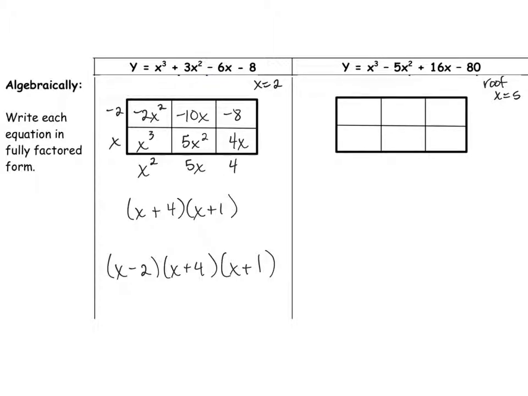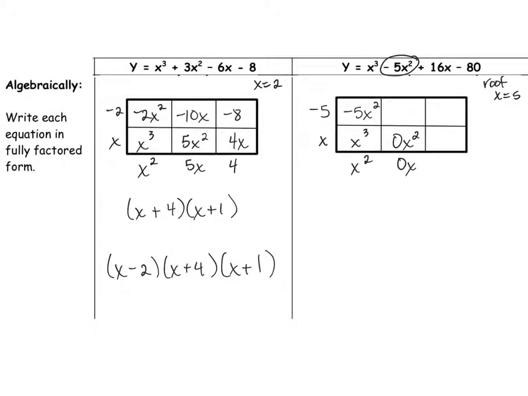This one, if I have a root at x equals 5, this is going to be x minus 5. So this is x squared. Nope, just kidding. It's x to the third. So this is x squared. So negative 5x squared. If I already have a negative 5x squared here, this is going to be 0x squared because I don't need to add anything to it. So that's going to be 0x.